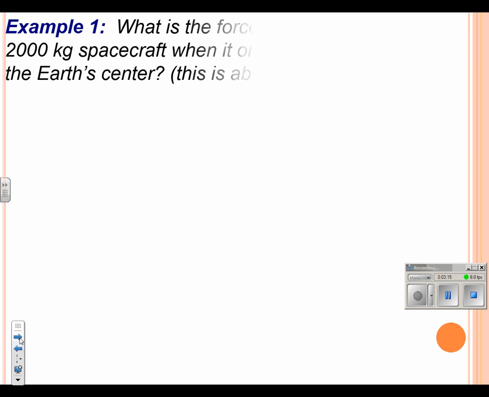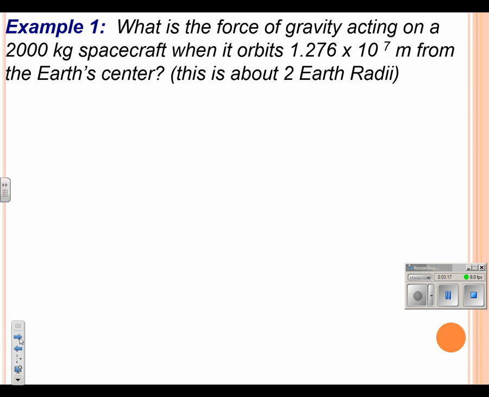All right, now let's do the example that's in your note packet. What is the force of gravity acting on a 2,000 kilogram spacecraft when it orbits at 1.276 times 10 to the 7th meters from the Earth's center, which, by the way, is about 2 times as much as the Earth's radius itself. We know one of the masses.